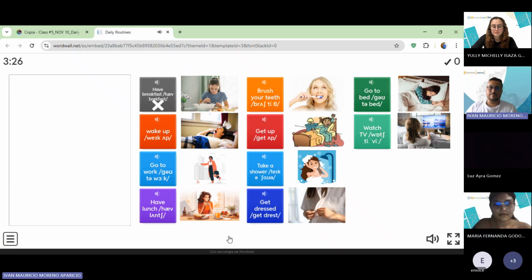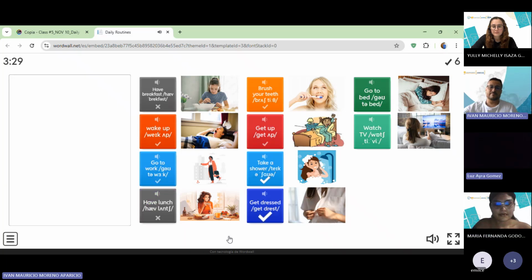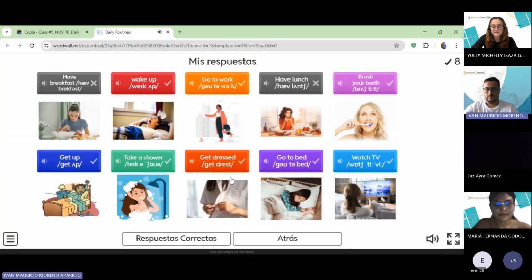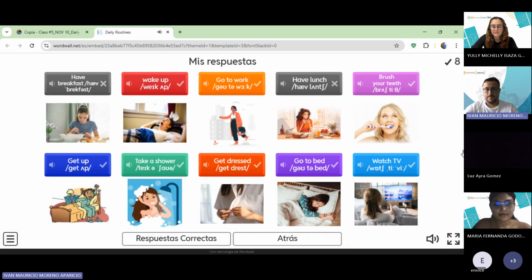Okay. Okay, that's it. Teacher, en esa, ¿cómo identificaría uno, por ejemplo, porque es muy parecida a las dos imágenes?